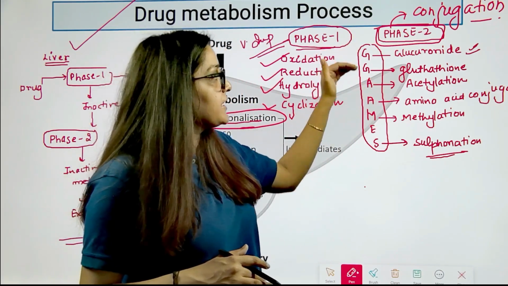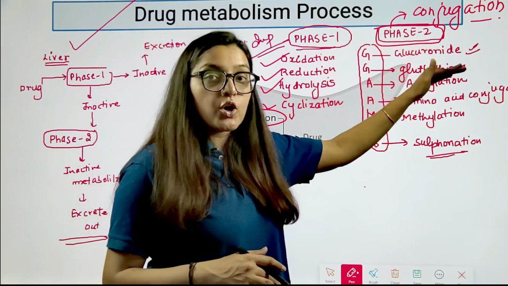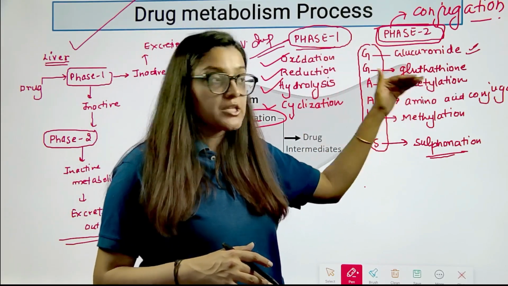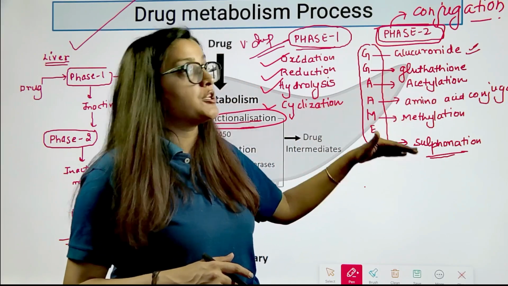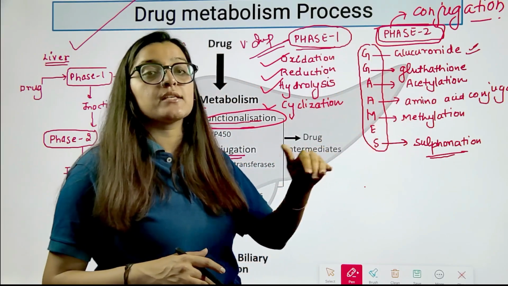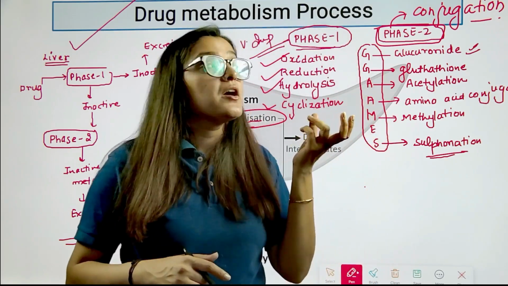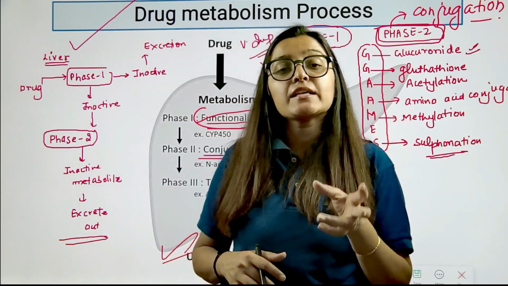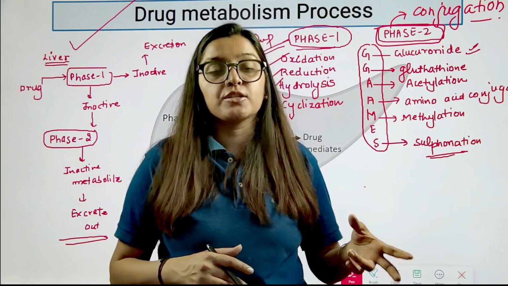You can say we have GAMES: glucuronide conjugation, glutathione conjugation, acetylation, methylation, amino acid conjugation, and sulfation. All these reactions have their own precursors and conjugating agents, and the enzymes are different for each reaction, right?